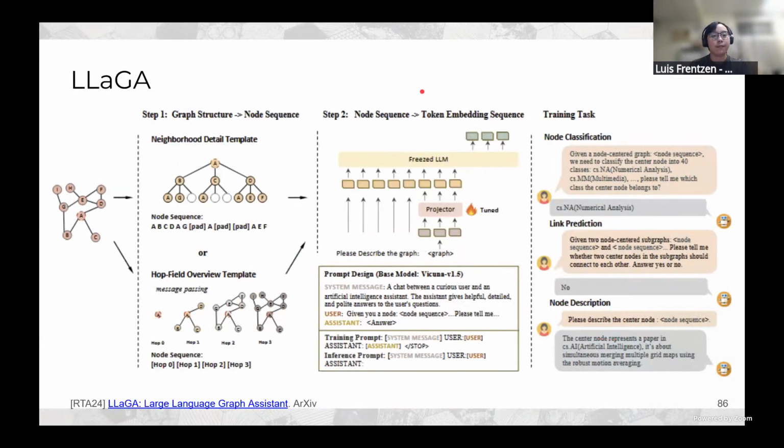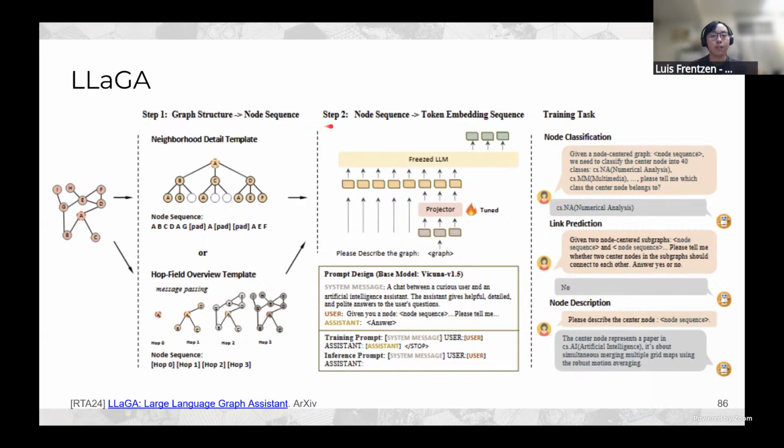The next approach is to project your graph as a sequence, and then use that sequence together with the token embedding sequence. For example, here in Laga, I think the name is inspired by Lava. They have a graph structure, and that graph structure is transformed into a node sequence.